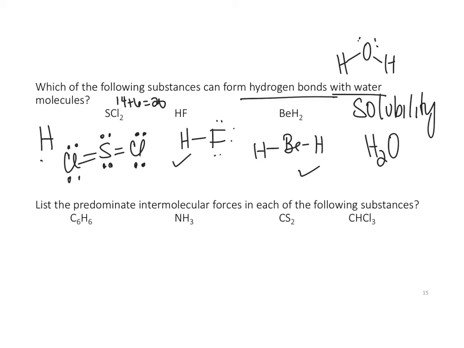So we're dealing with solubility, and if you have a lone pair on a fluorine, oxygen, or nitrogen. So sulfur cannot, because that lone pair will not form hydrogen bonding. This one here, the fluorine, can accept a hydrogen bond. This hydrogen here can form a bond there.